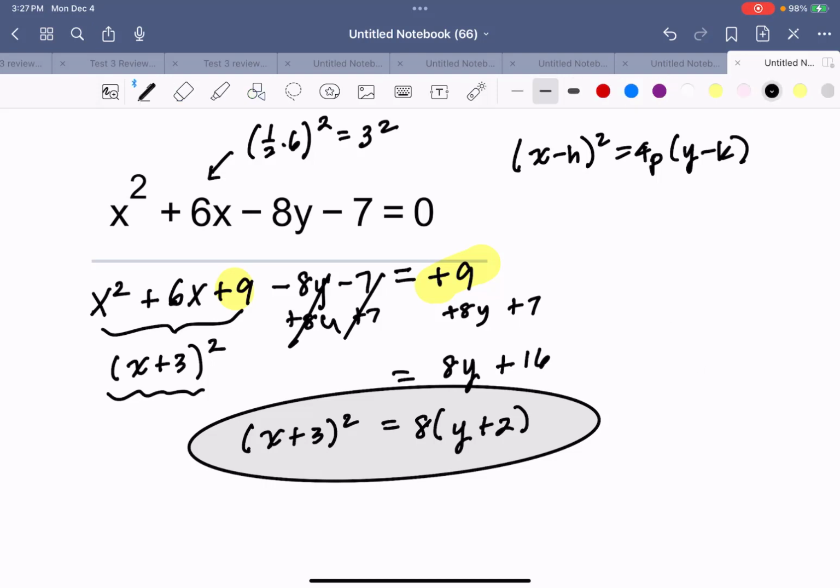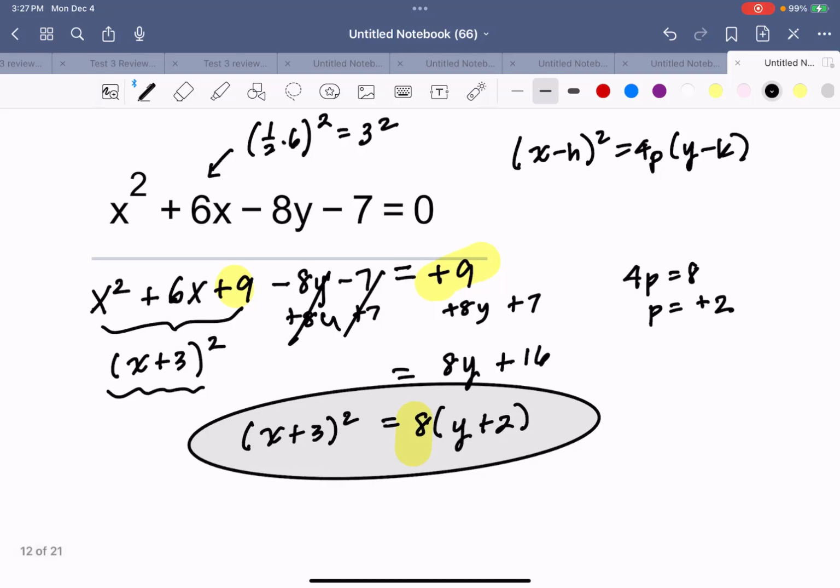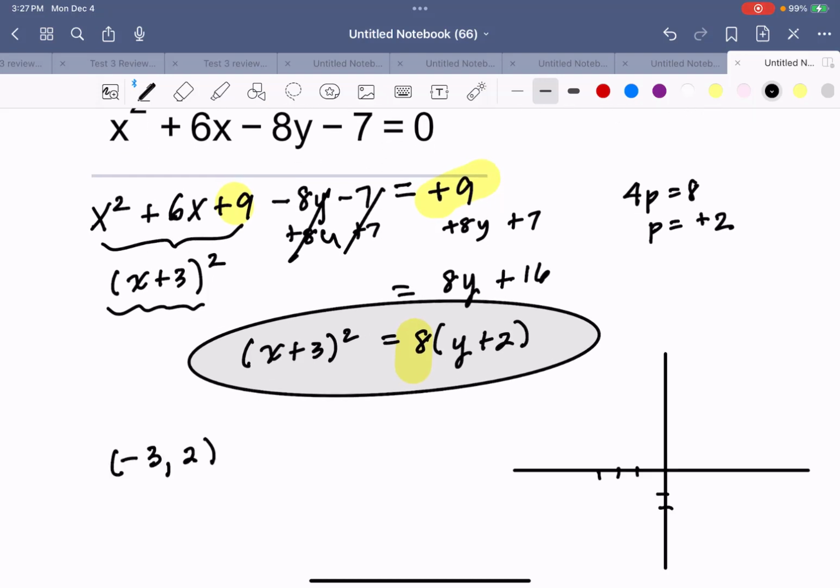So remember, we find our p-value from this coefficient right here. So we have 4p equals 8. So p is positive 2. So we're going to take our vertex, -3, -2, there. We're going to go up 2 for our focus because it's a plus 2. So our focus is going to go up here, up 2 from there.